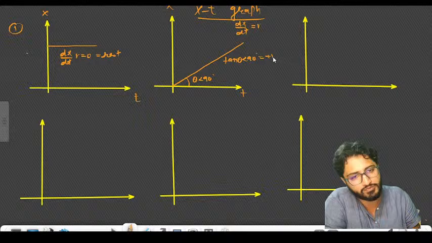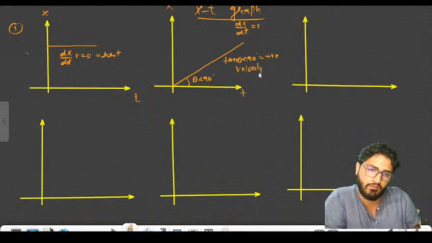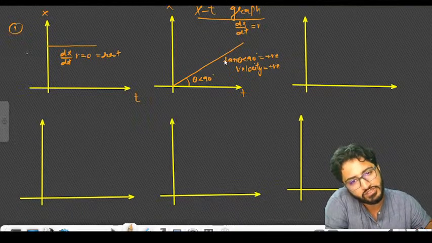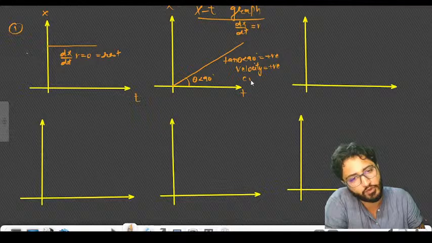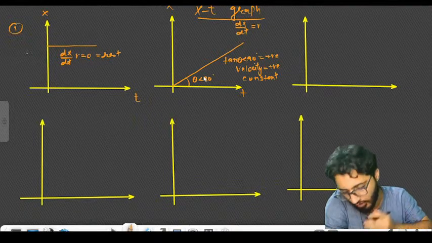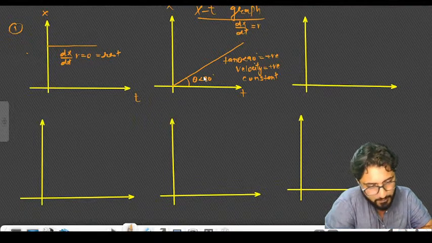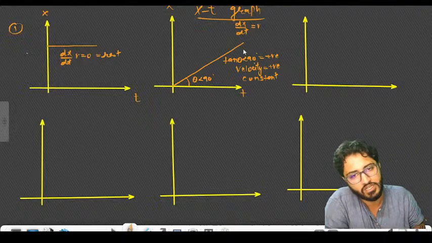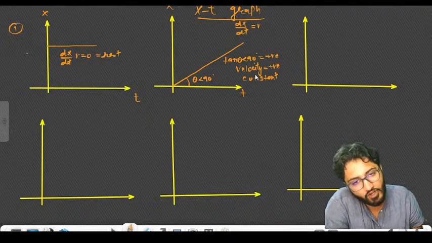If my slope is positive, you can write my velocity is positive. And look, slope is constant. So my velocity is constant and positive. In xt graph, if we are having a straight line, that simply indicates my velocity is constant. So what about acceleration? If velocity is constant, acceleration must be 0.